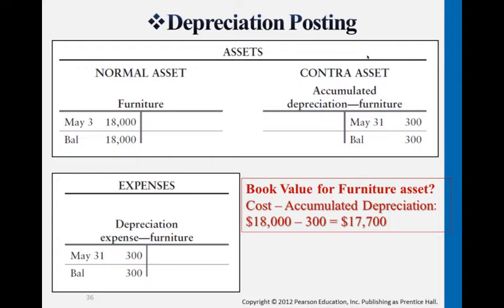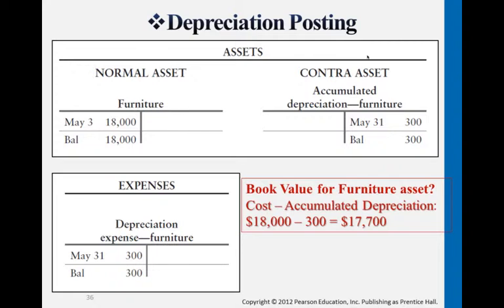If a question gives you three T accounts and asks what the current book value for the asset is, think about the current value of the asset. That would be the original $18,000 minus the value you see under accumulated depreciation, $300. So the current value of the asset, after using it for a month, you can measure as $17,700.